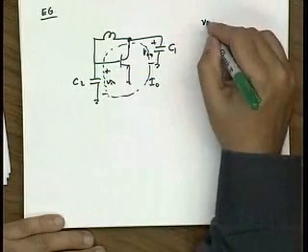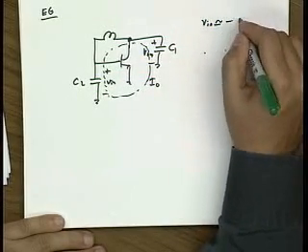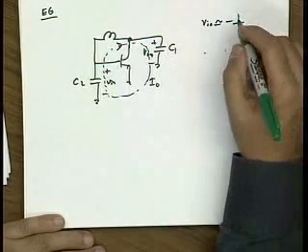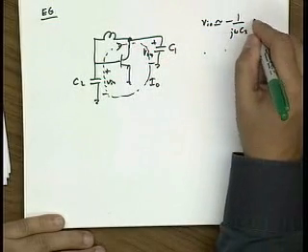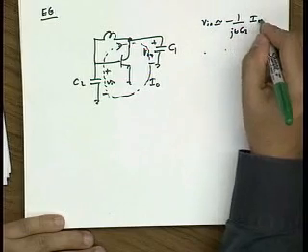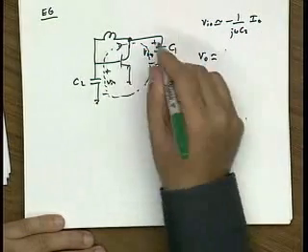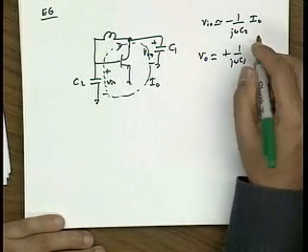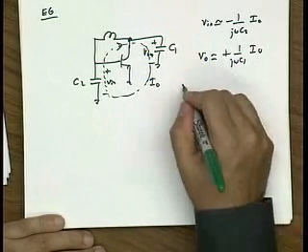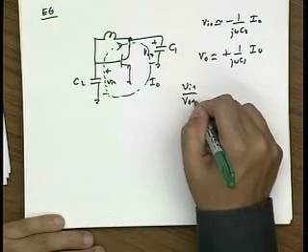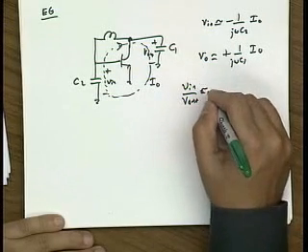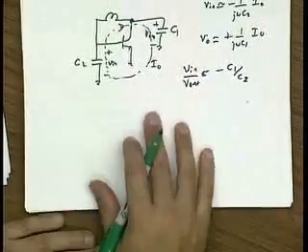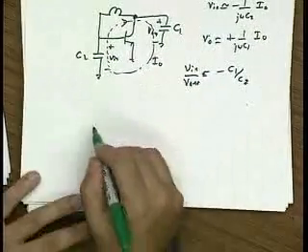And a Pierce oscillator V in therefore is approximately minus, because this current, let's say, is going in this direction, minus j omega C2 I0. V out, on the other hand, is plus 1 over j omega C1 I0. And so V in over V out, which tells us the n factor in a Pierce oscillator, is minus C1 over C2.